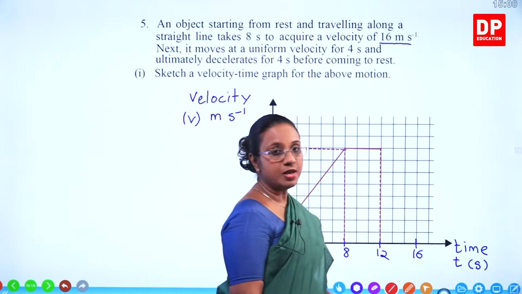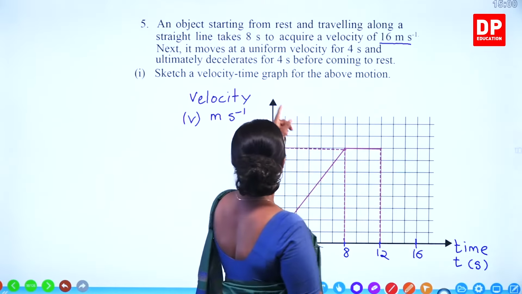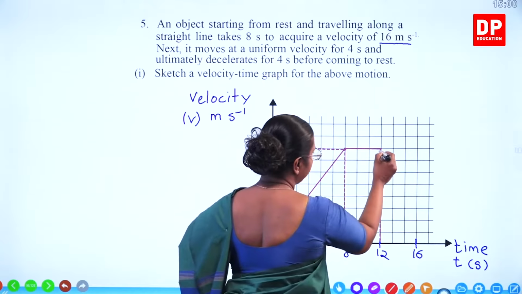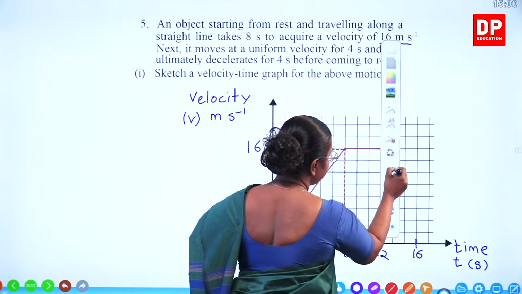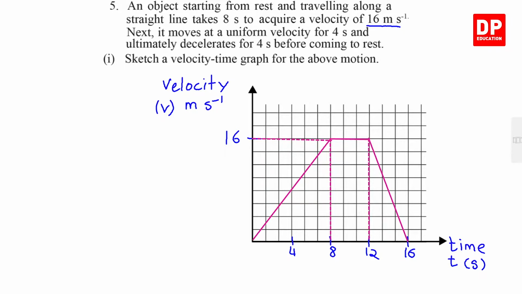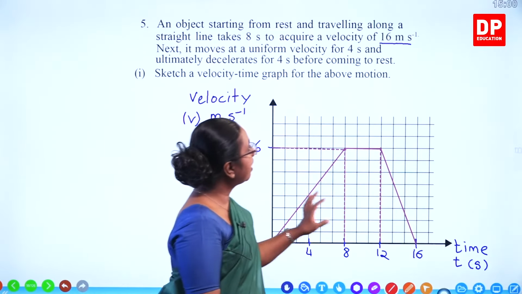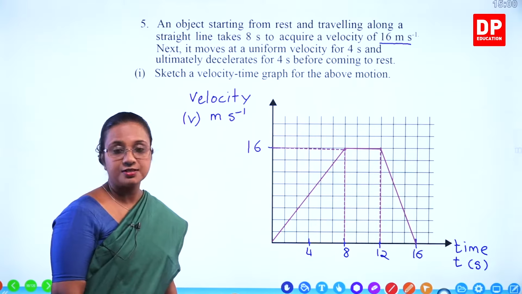So uniform velocity. And finally, decelerates for 4 seconds before coming to rest. So starting from 0 point, the velocity comes to 0 after 4 seconds of deceleration. This will be the graph for the motion of this object.